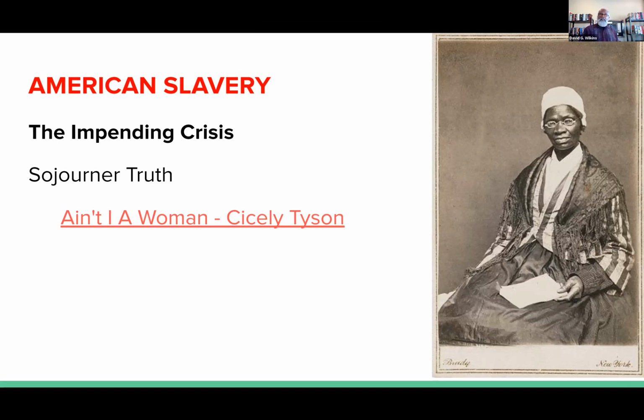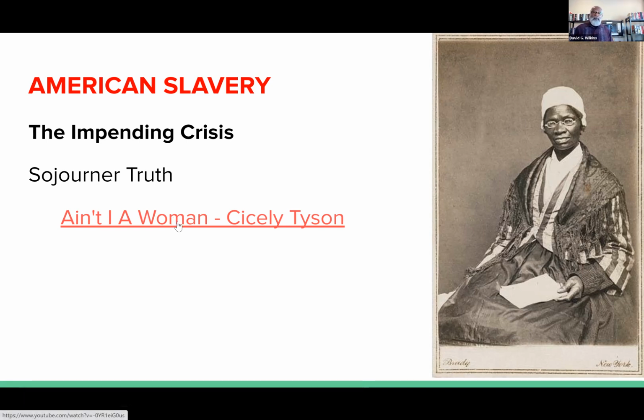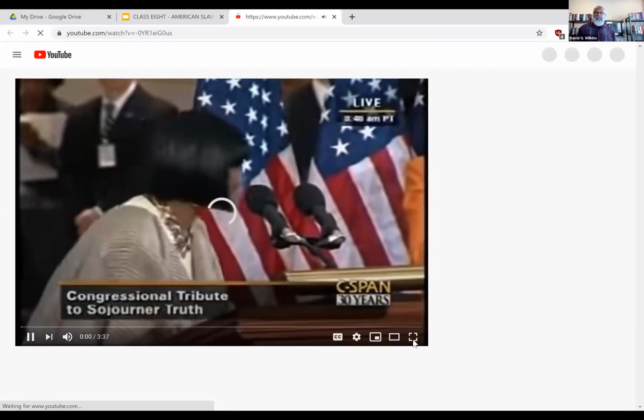She successfully crosses the line between anti-slavery and the early women's suffrage movement. She will give a speech actually at a women's suffrage movement, and give a really, really well-known speech called "Ain't I a Woman?" This is a rendition of that speech by American actress Cicely Tyson.